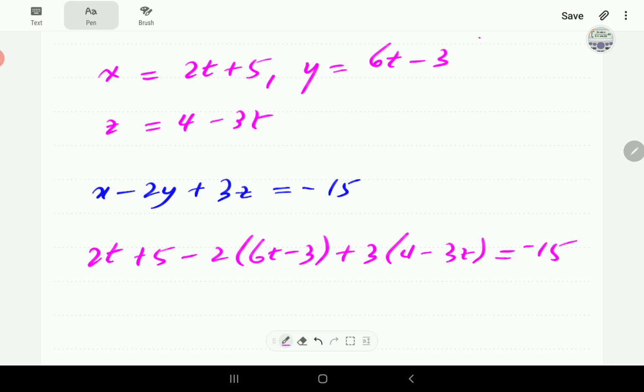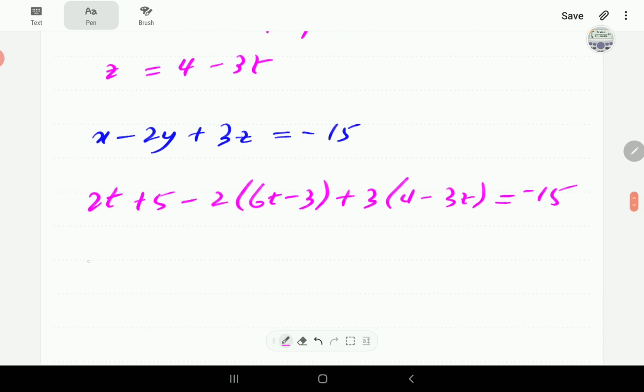This is equal to negative 15. So we're going to have 2t minus 12t minus 9t. And then on the other side we're going to have negative 15 minus 12 minus 6 minus 5.